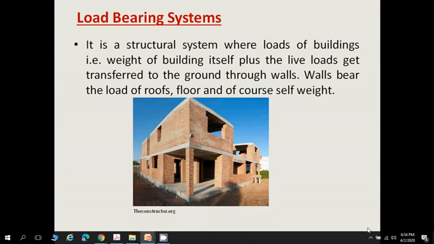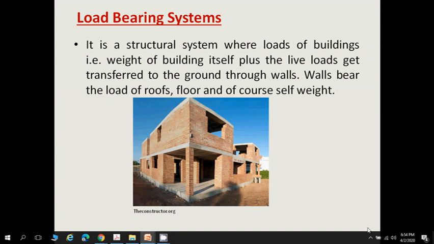Here is a diagrammatic representation of load bearing systems, in which you can easily see the brick masonry walls are subjected to a roof slab, and below it a floor slab, and here you cannot see any type of beams and columns.